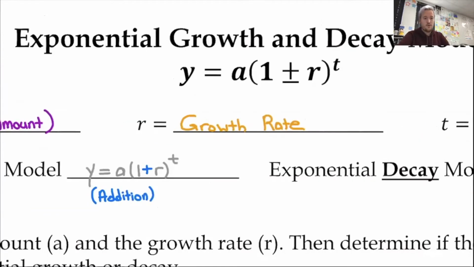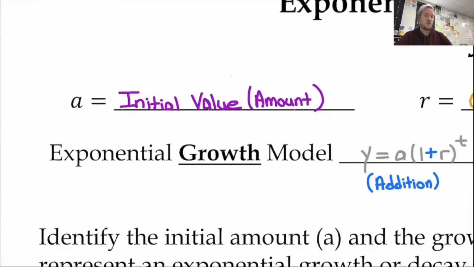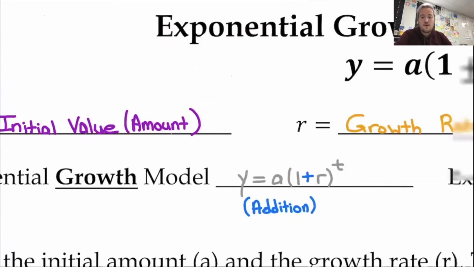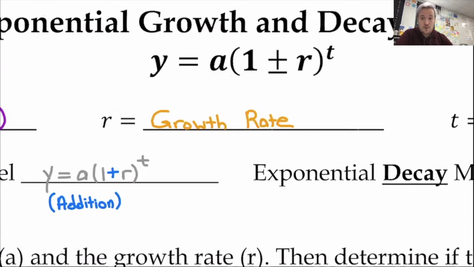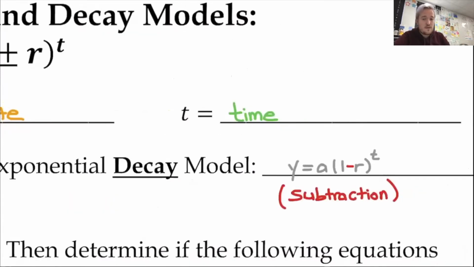Your a value represents the initial amount or initial value. Your r value represents a growth rate, which is typically given in terms of a percent, so you will have to convert the percent to a decimal. The t value is given in terms of time, so it could be per day, per week, per year, per decade, per millennia, per century, per whatever.